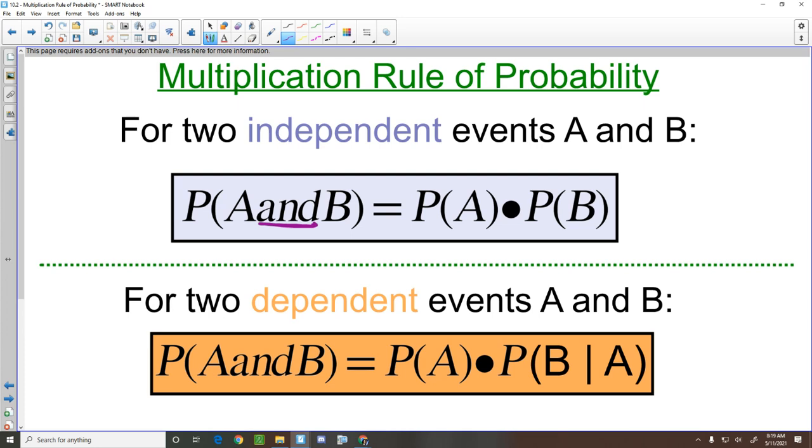It's also a little indicator as to whether we do addition or multiplication, where that addition rule is more for a single selection occurring, like what's the chance that a student passed or studied. That's still just drawing one random student. Whereas for the multiplication rule, it's like two or more events occurring, the probability of this happening and then that happening afterwards, right in a row.